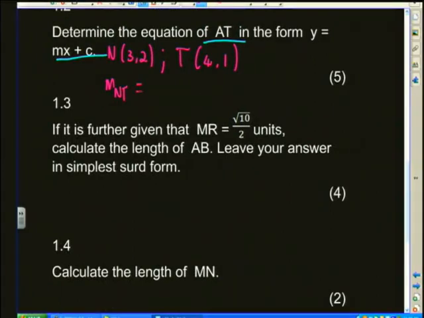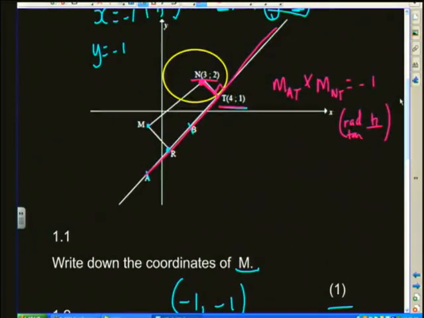We know our gradient formula, y2 minus y1, all over x2 minus x1. So that's going to give me 1 minus 2, it's -1, all over 4 minus 3, it's +1. So therefore the gradient of NT is -1. The gradient of our radius is -1.